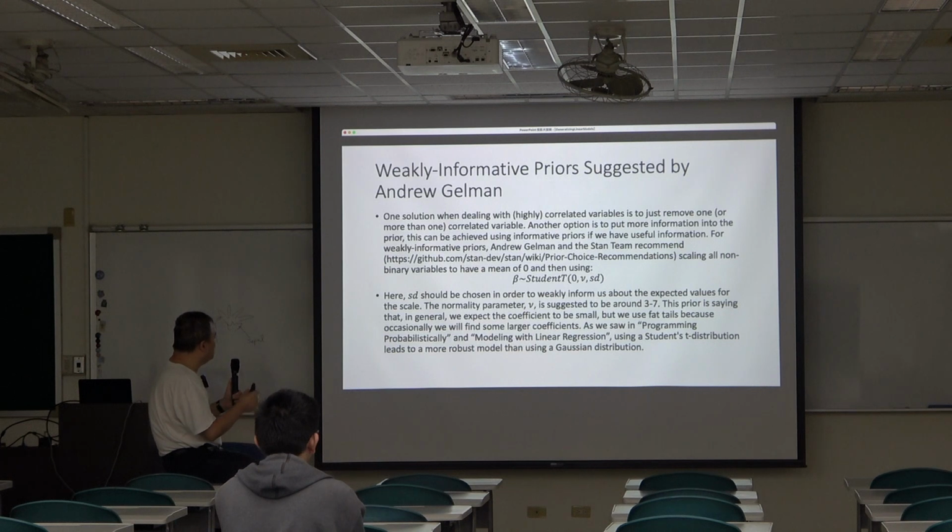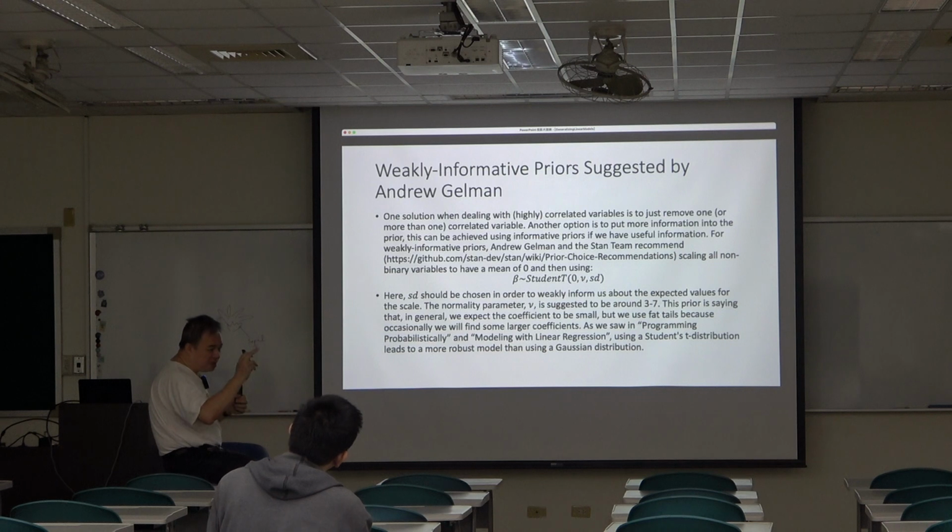As for the normality variable, ν indicates the normality. Remember, when ν is a large number, the Student's t is going to be close to a normal distribution. So ν is suggested to be around 3 to 7.